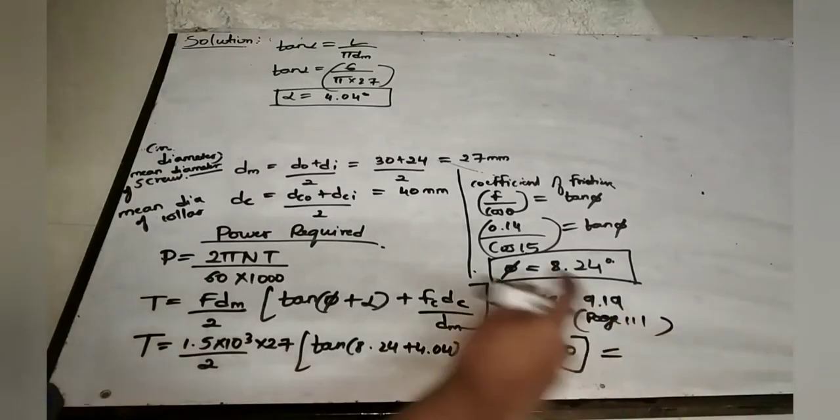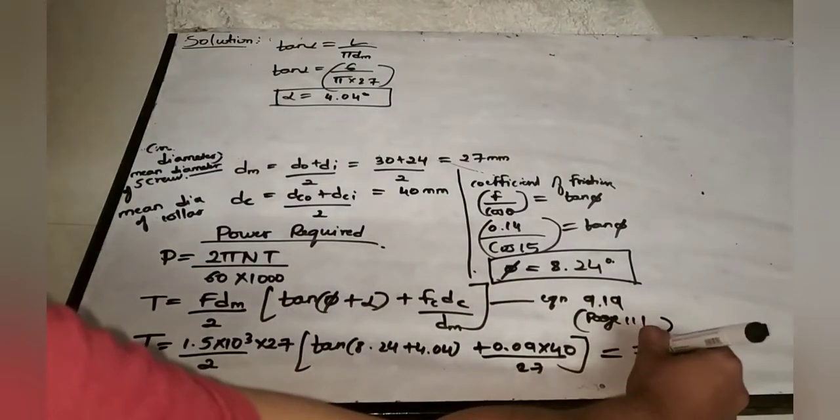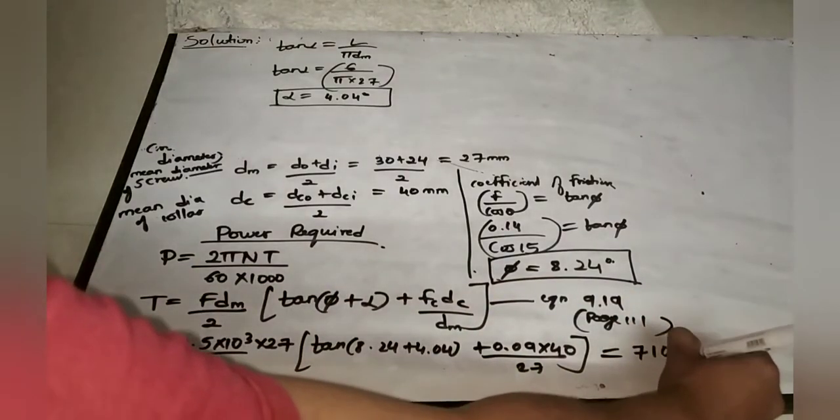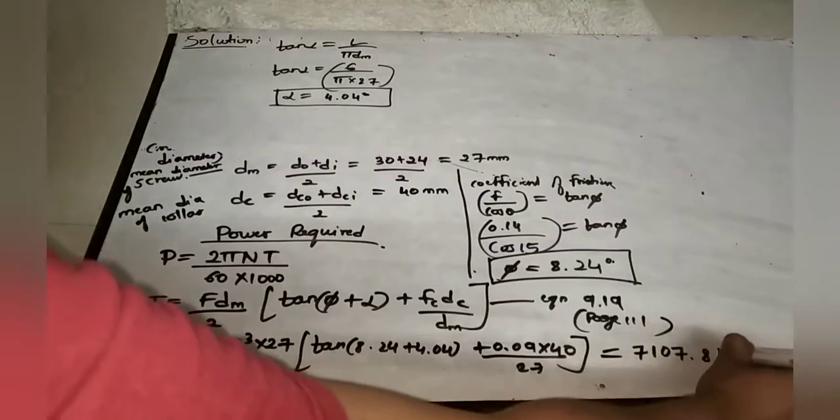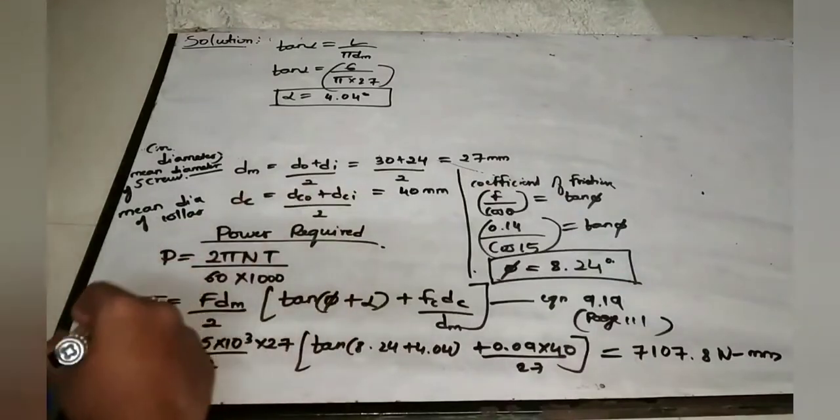If you solve this, the torque comes to 7107.8 Newton mm, because of the dimensions you are substituting in mm.